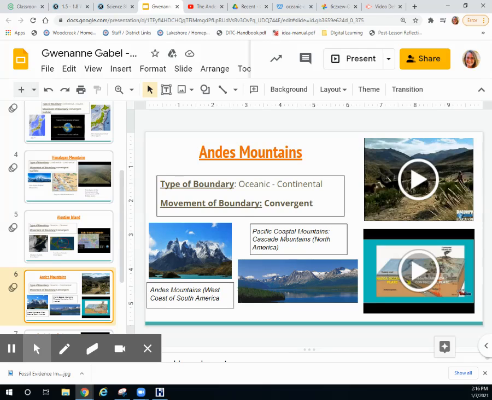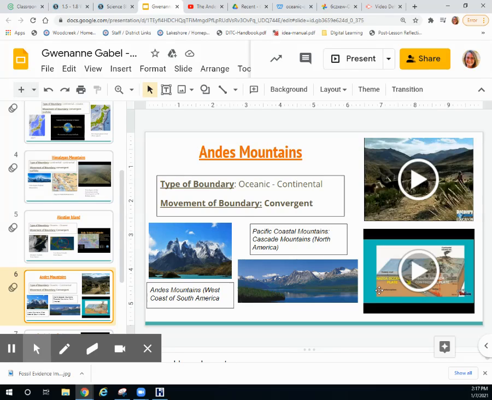I just called them the Pacific Coastal Mountains. You also have the Cascade Mountains, but they are very similar to the Andes Mountains in that they are formed from oceanic crust and continental crust, and they are convergent, meaning that the ocean crust is colliding with a continental crust.